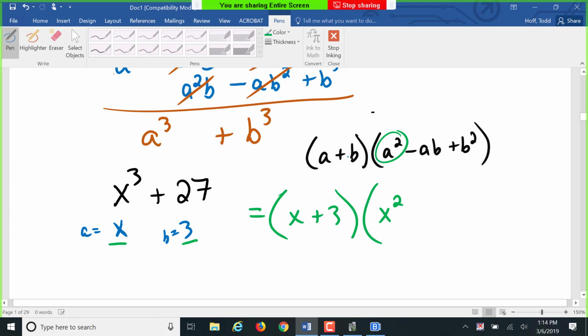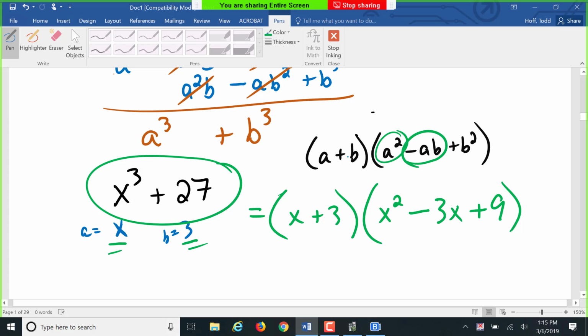X squared. Minus ab will be a minus. What's a times b here? 3x. So minus 3x plus b squared. 9. Perfect. So x to the third plus 27 is x plus 3 times x squared minus 3x plus 9.